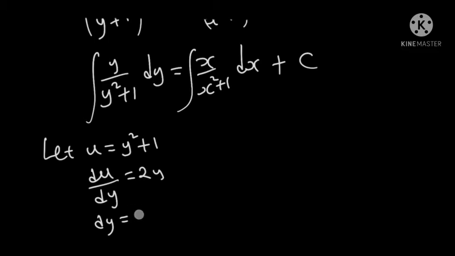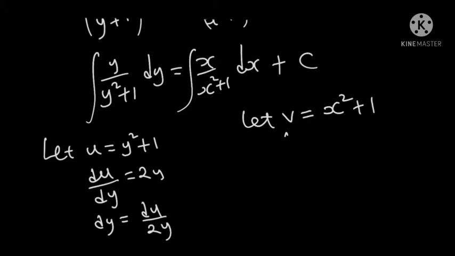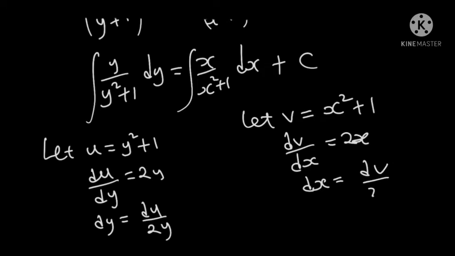Therefore, dy is equal to du over 2y. On this other side, let v be equal to x squared plus 1. dv over dx will be equal to 2x. Therefore, dx is equal to dv over 2x.